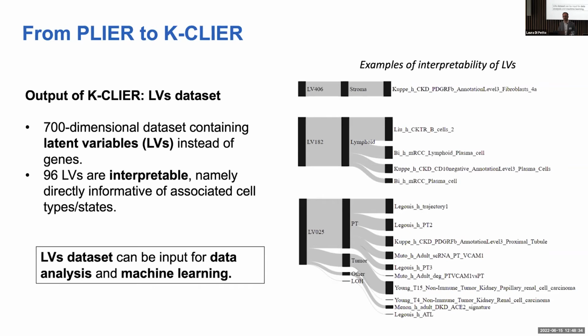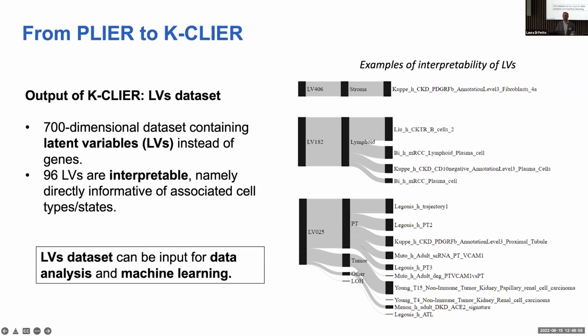But before moving to that, I would like to spend some time on one of the key features of this method, which is interpretability. A part of these latent variables is interpretable in the sense that it's easy to see a direct link between the latent variable itself and biological information. And on the right of the slide, we can see some examples of these.